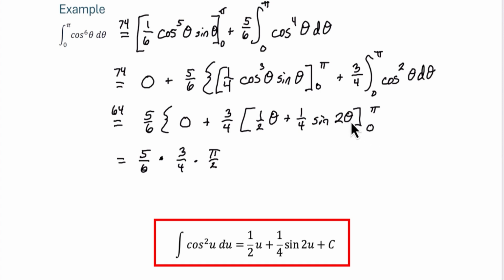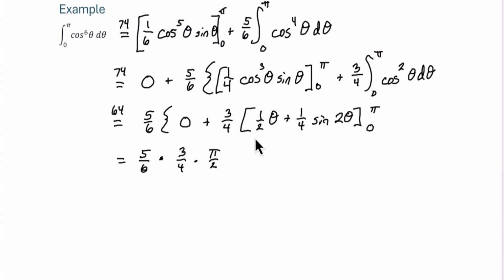Then if we plug in 0 to both of those, it will be 0, so that goes away. We're left with just pi halves. Simplifying all of this, we get 15 pi over 48, and that will reduce, that will give us 5 pi 16ths.